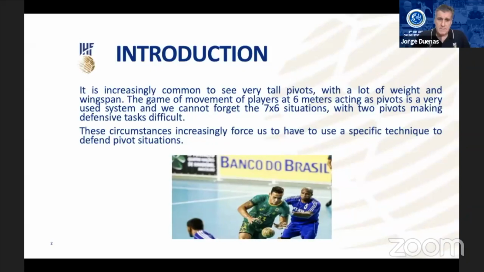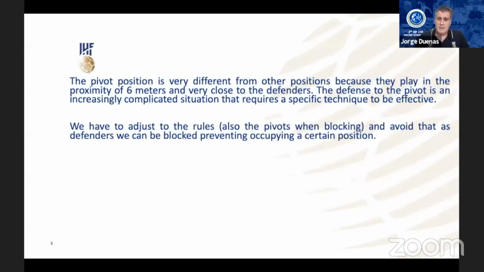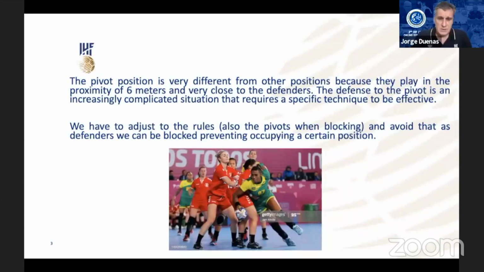So these circumstances increasingly force us to use a specific technique to defend pivot situations. Don't forget the pivot situation is very different from other positions, because they play in the proximity of 6 meters, very close to the defenders.